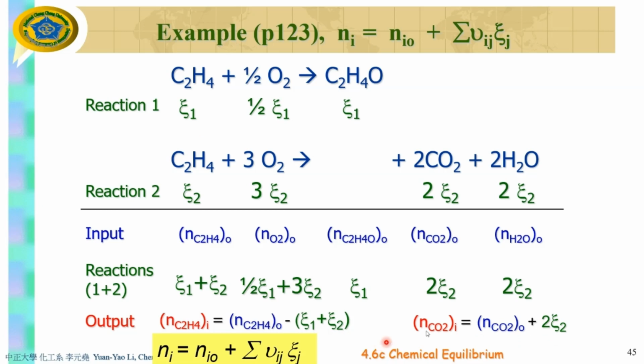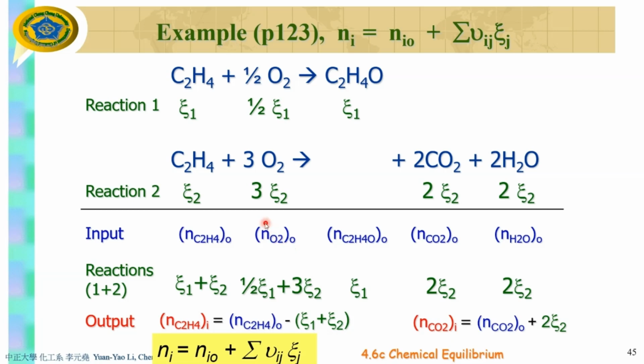And let's take a look at another case, carbon dioxide, CO2. CO2 final equals initial plus summation nu times Xc2, right? So this will be the case of carbon dioxide.